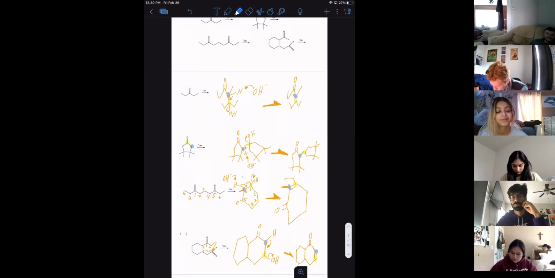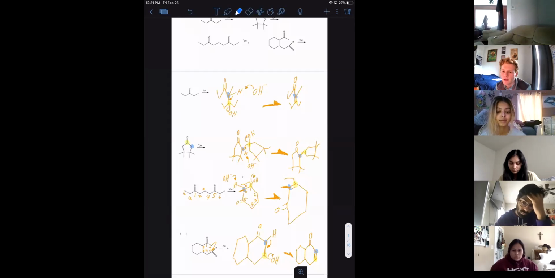I've denoted the nucleophilic carbons with blue, and the electrophilic ones are yellow.